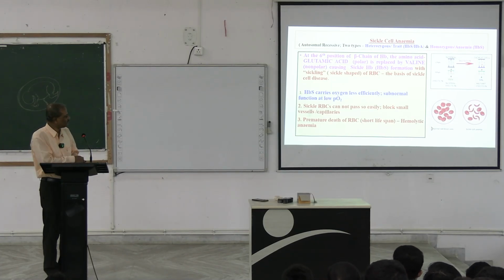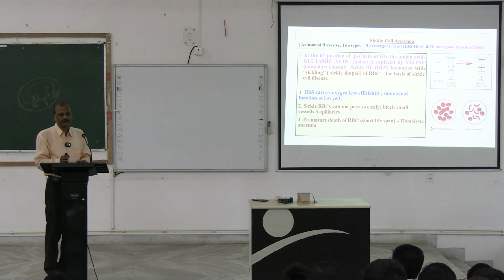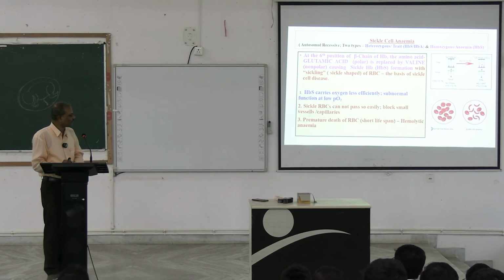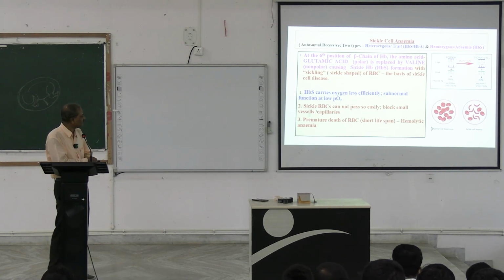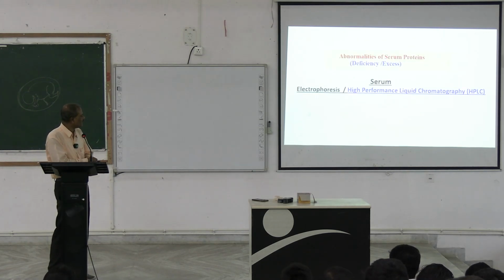That is the reason the RBC, whose normal shape is like this, becomes sickle shaped. That is called sickle cell anemia. And normally we carry oxygen, but the oxygen is not carried as efficiently as it should be. So the blood suffers from sickle cell anemia.